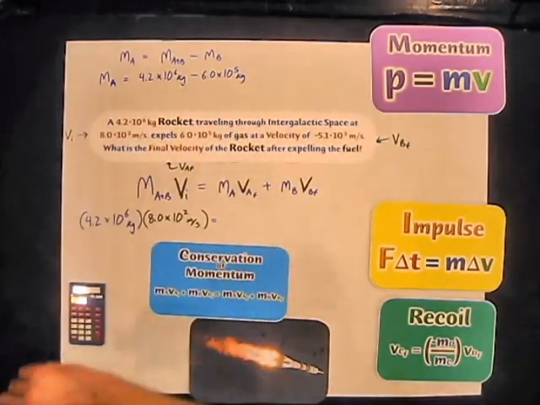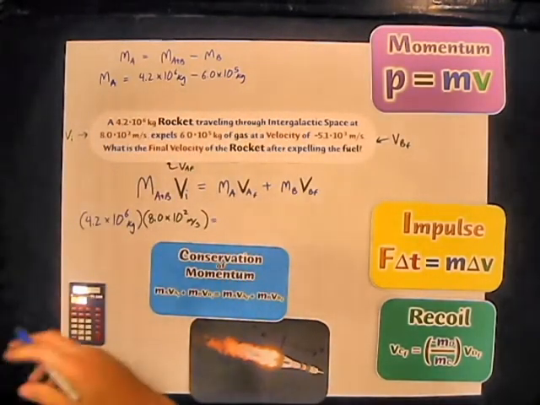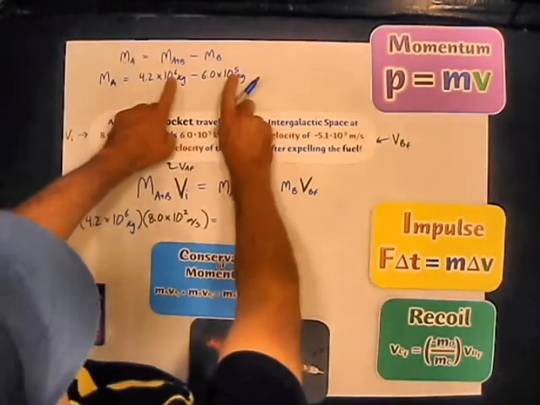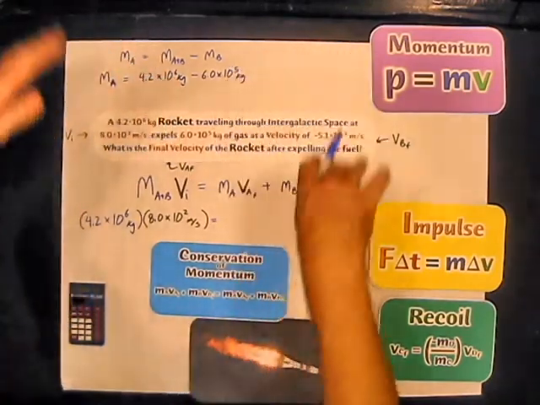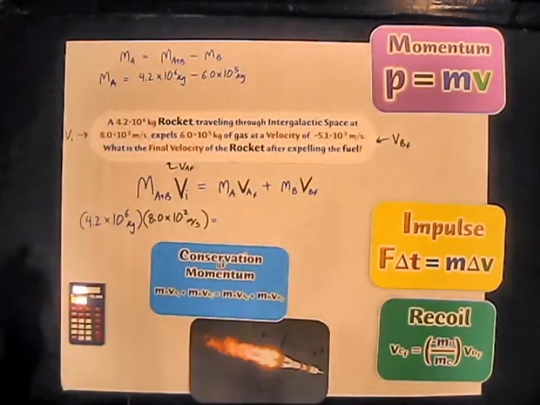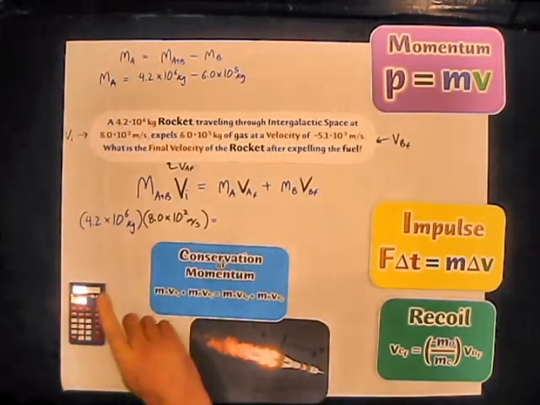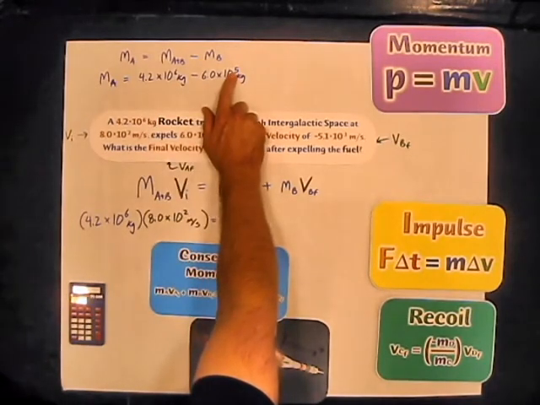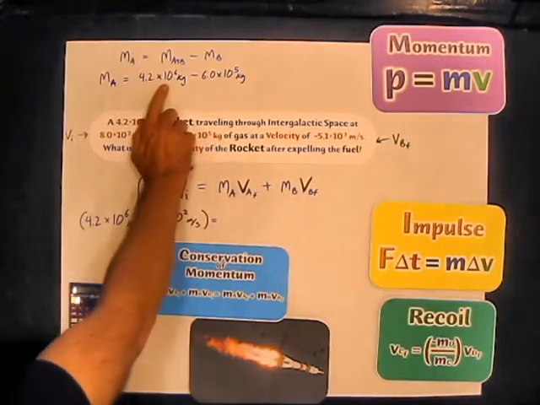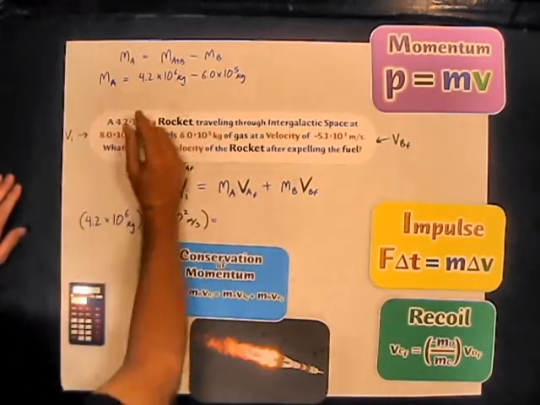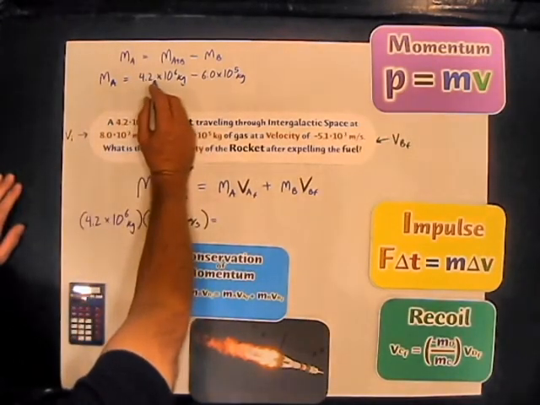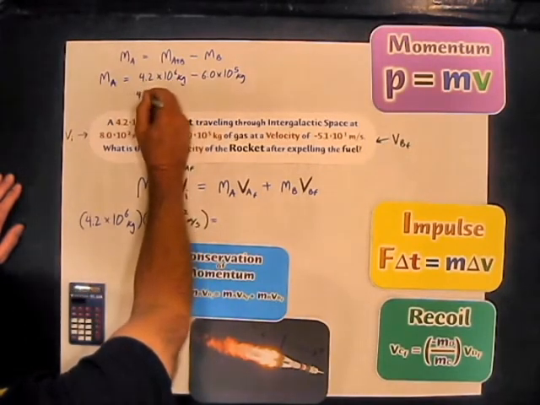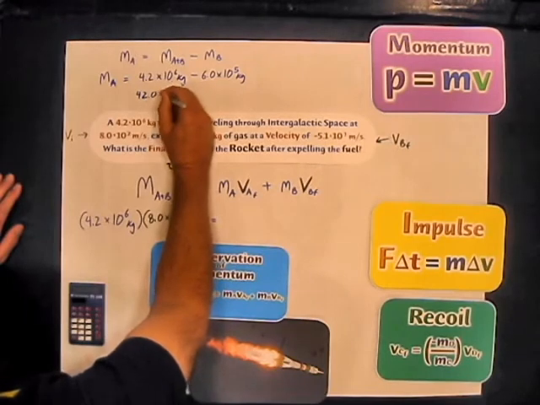Now, how do we subtract numbers that are in scientific notation? One way is to put them both with the same exponent, and then you can just subtract them like any other number. What is usually easier is to put them both in terms of the lower exponent. So if I turn this into 10 to the 5th, 4.2 times 10 to the 6th becomes 42.0 times 10 to the 5th.